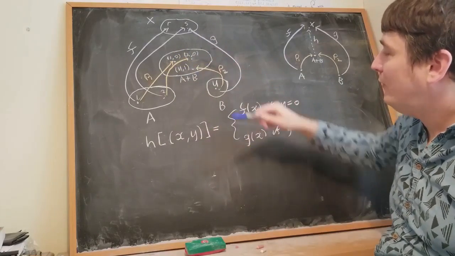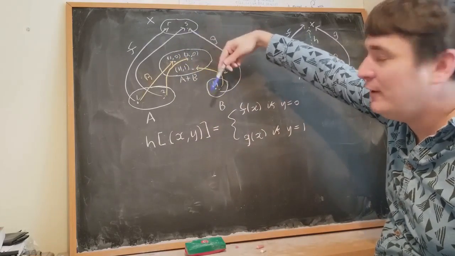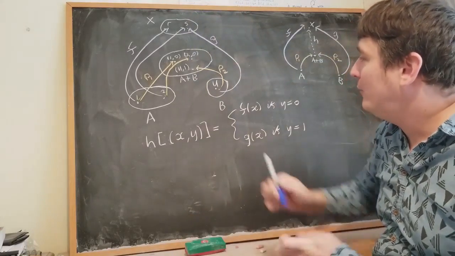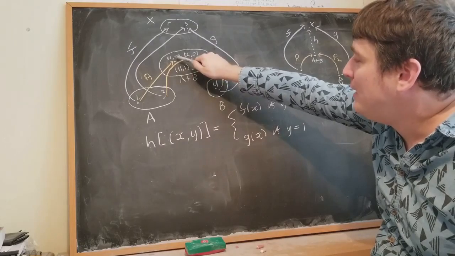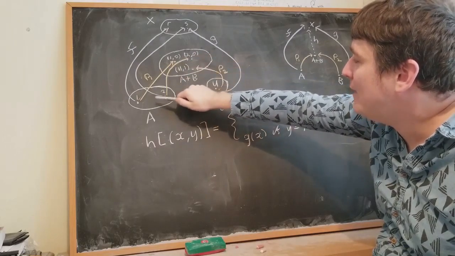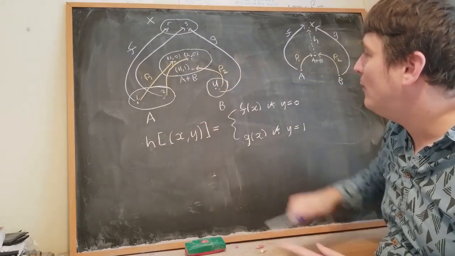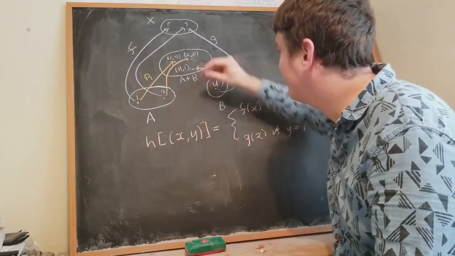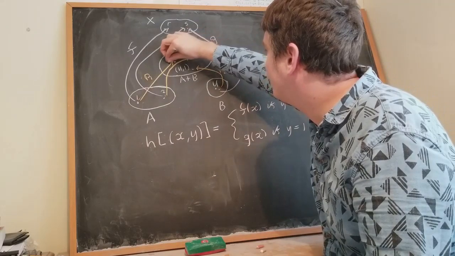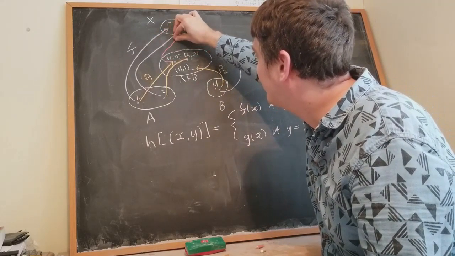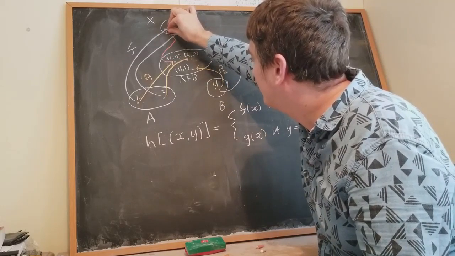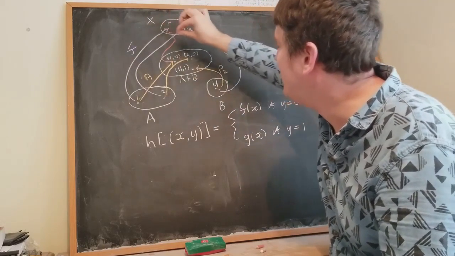So what I'm proposing for this intermediary arrow is that it'll look at (1, 0) and say, okay, your last entry is a 0, I know you came from A, so I'm going to apply f to your first entry.